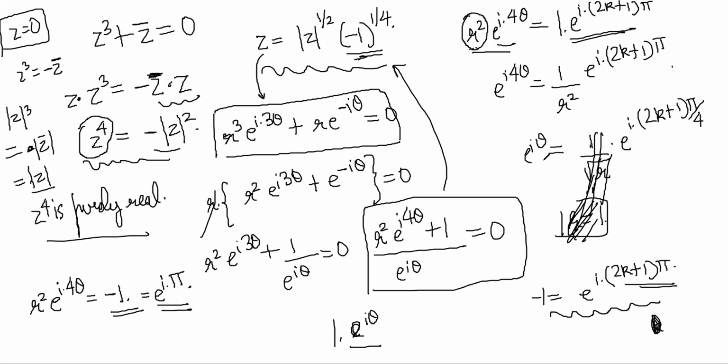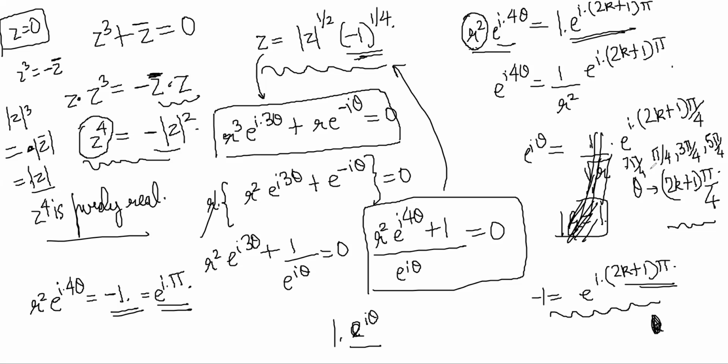So theta can now be (2k plus 1)pi by 4, and k can be any integer. If you take k equal to 0, you'll get pi by 4. k equal to 1, you'll get 3 pi by 4. k equal to 2, you will get 5 pi by 4, and k equal to 3, you will get 7 pi by 4.